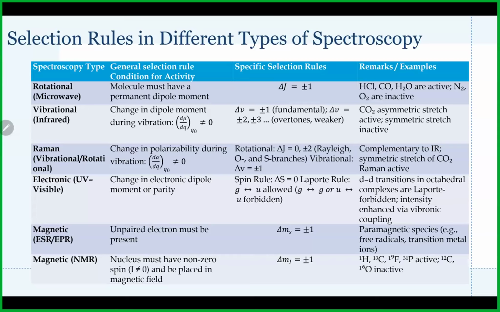Another question, what processes lead to the population of the lower states? Which radiative processes lead to the population of the lower states?